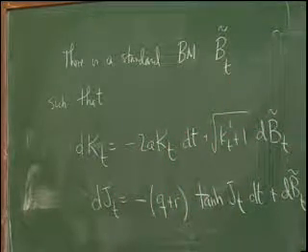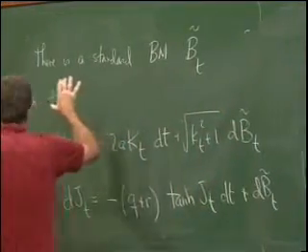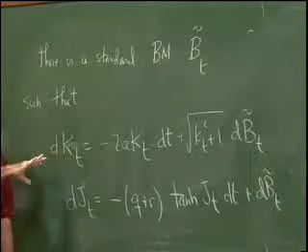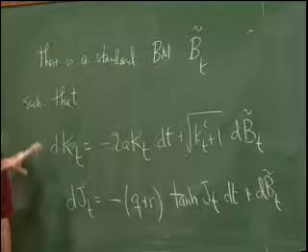Let me emphasize here, I'm talking about the original probability P, not P star here. So this is just for the Brownian motion.